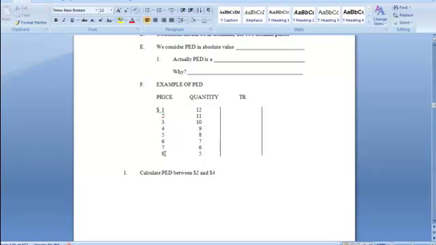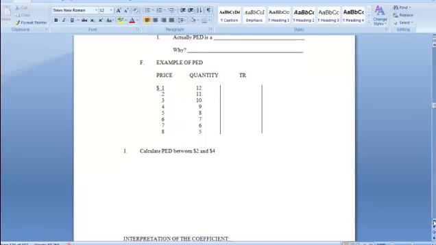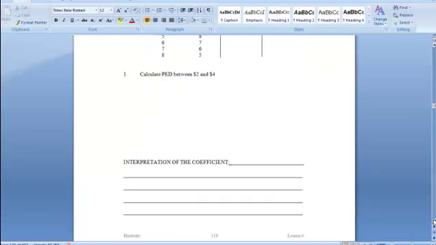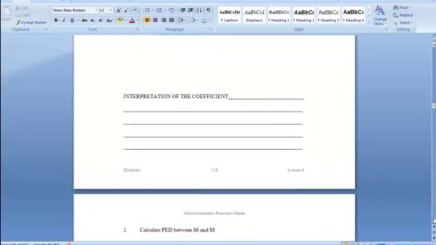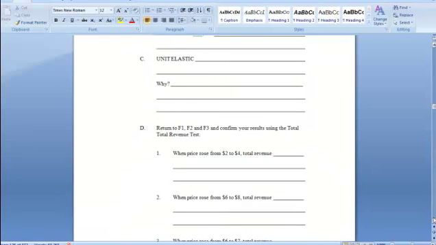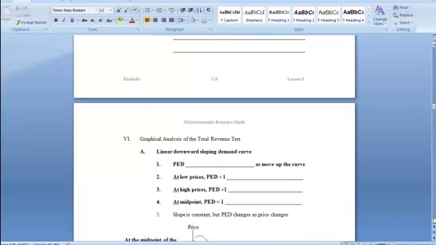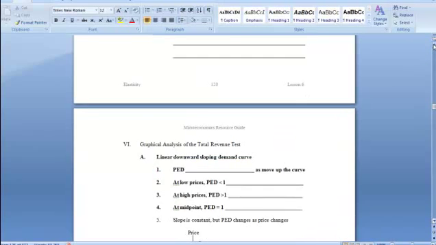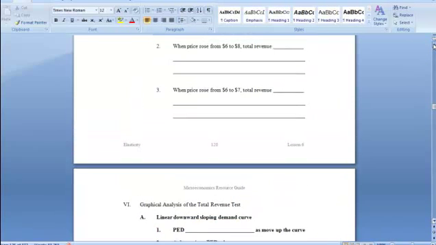So we should know that between $6 and $8 the demand is elastic, and if the demand is elastic, when price rises from $6 to $8, what should happen to total revenue? Hopefully you realize again that for elastic demand, price and total revenue move in opposite directions.